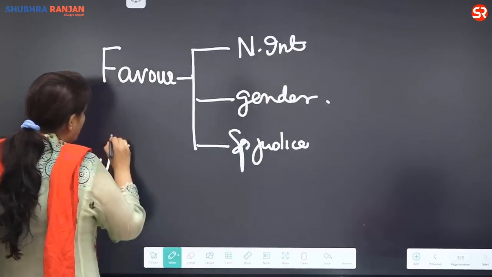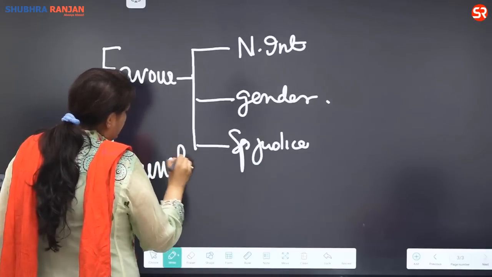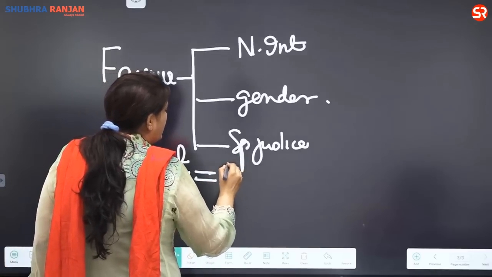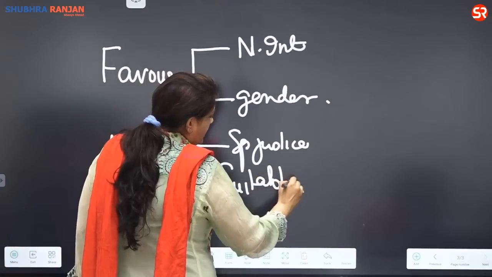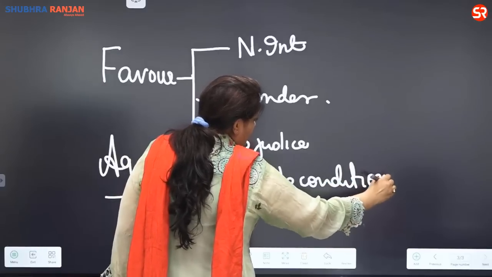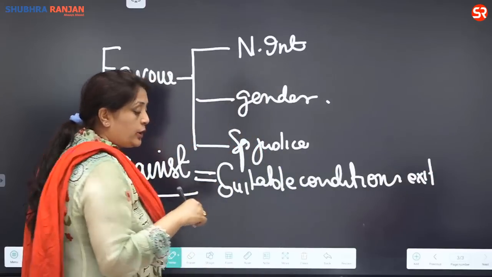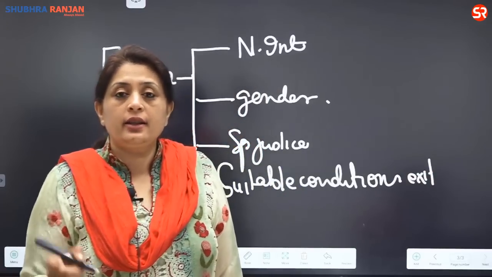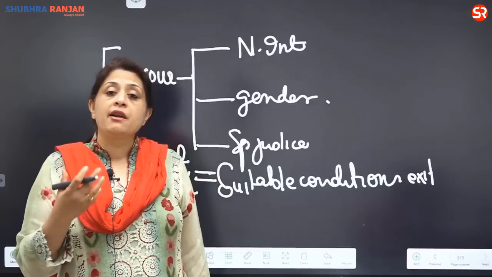And the arguments against are basically that the Constitution itself says that suitable conditions should exist. And the next thing is that unity does not mean uniformity, and the Indian conception of unity is unity in diversity.